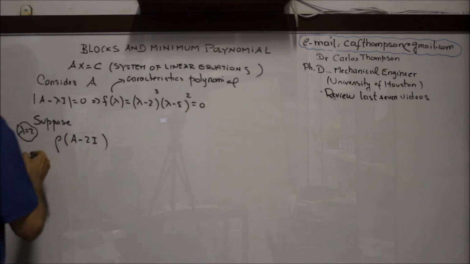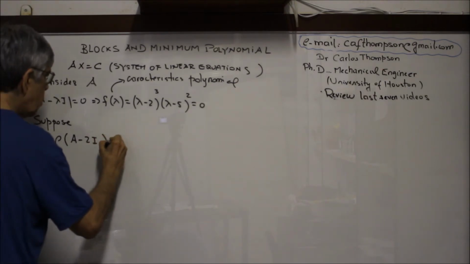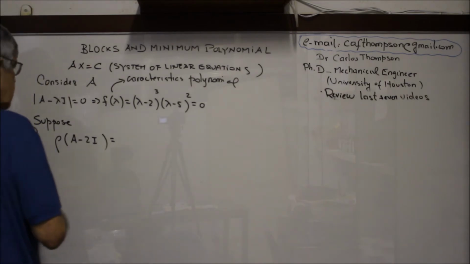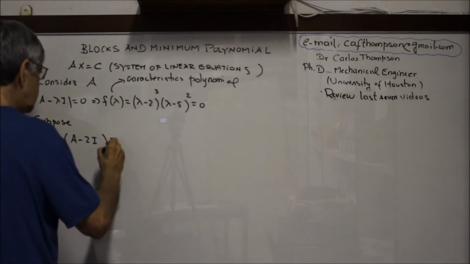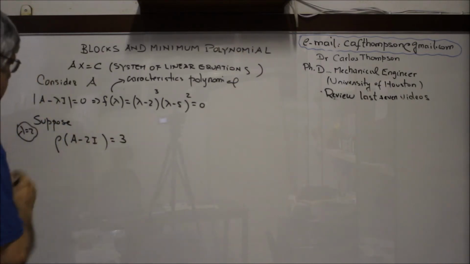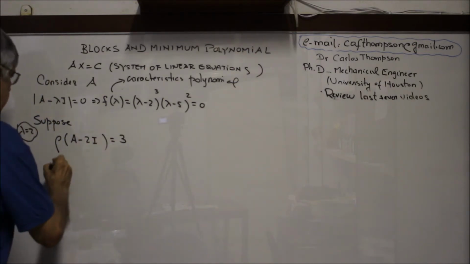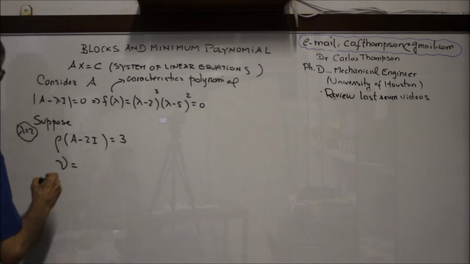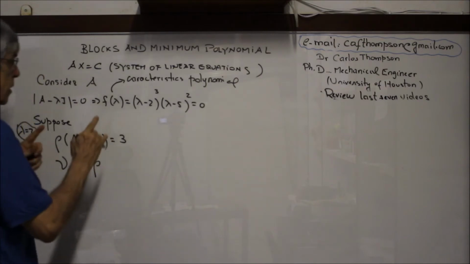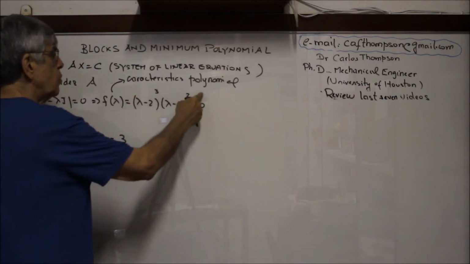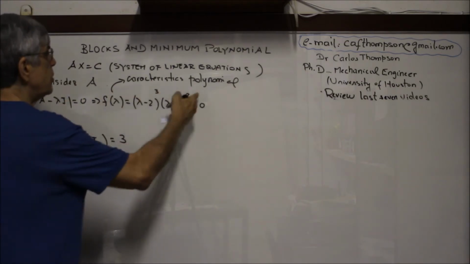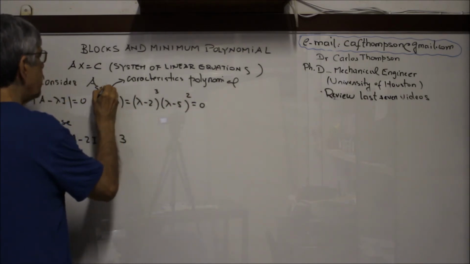Now, suppose rho is 3. Nu is equal to n minus rho. What is n? Look, n is 3 plus 2, which is 5. Matrix A, I guarantee you, is 5 by 5.